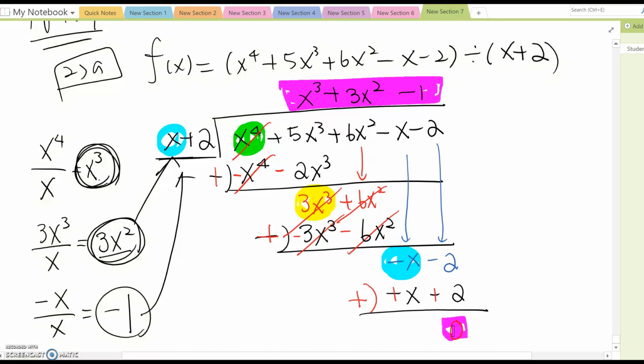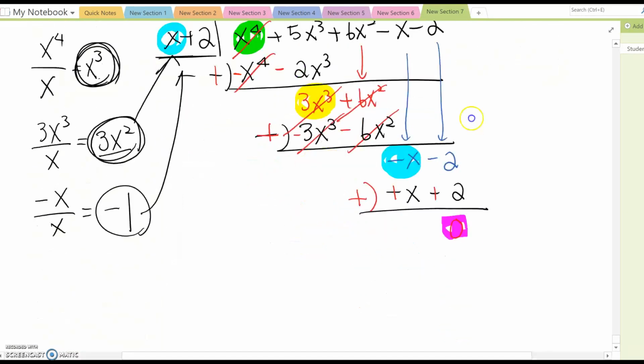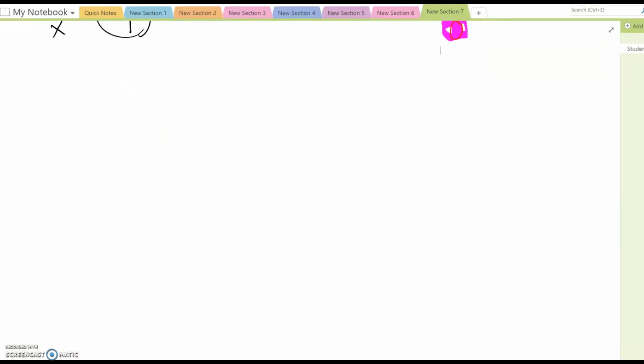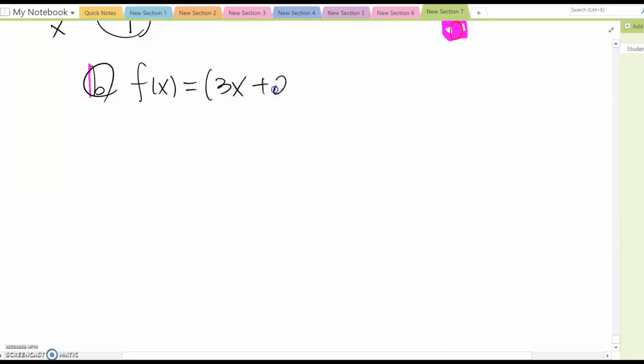Then let's talk about letter B. So f(x) equals 3x + 2x^3 - 9 - 8x^2, divided by x^2 + 1, right?